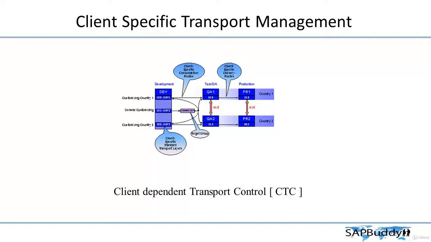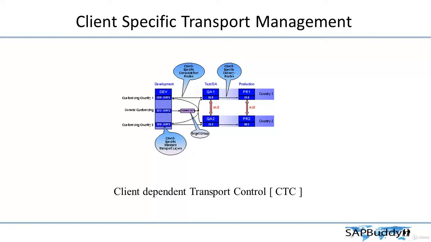In client specific transport targets, the transport targets consisting of consolidation and delivery routes have a specific client specified in the targets, either a consolidation route or a delivery route. Generally, the configuration of the client specific systems will be, for example, if this is QA1 client 010, it will be QA1 dot 010.